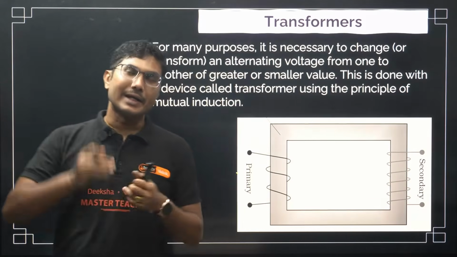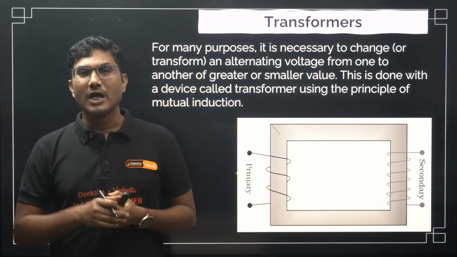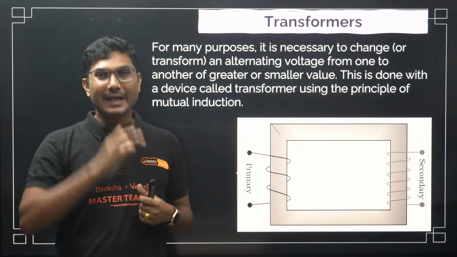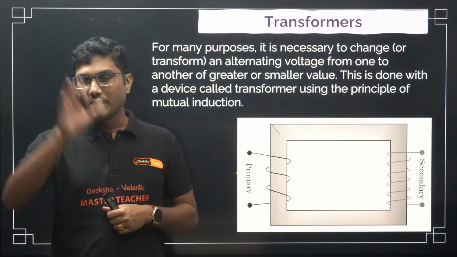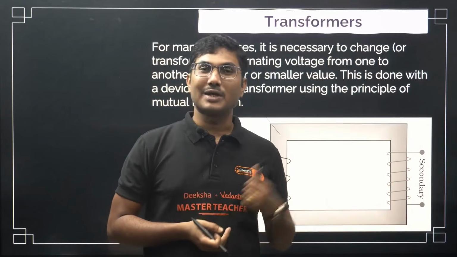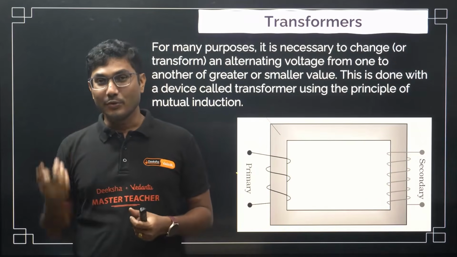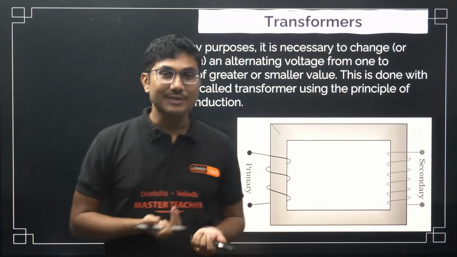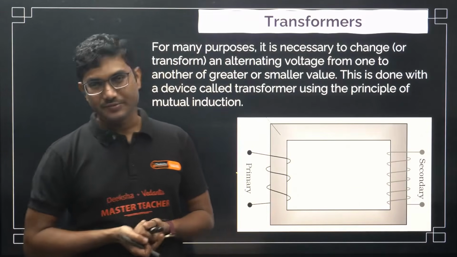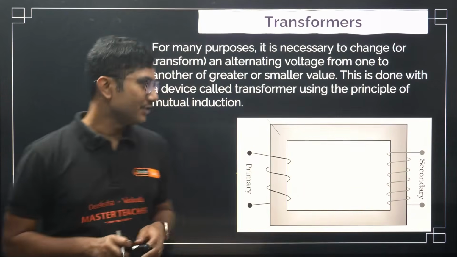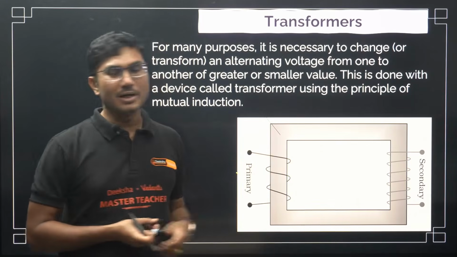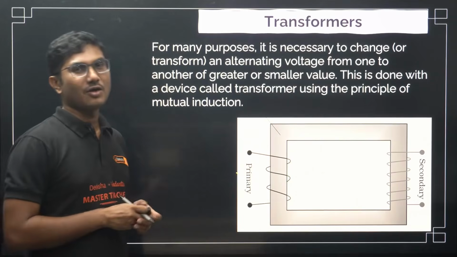That grid reduces the voltage and increases the current, and the voltage is finally reduced again near our homes. If you have seen power transformers near your home, sometimes they get burned, and you have to wait the entire day with no electricity because they need to replace the coil inside the transformer. The coil can burn, and you have to replace it.